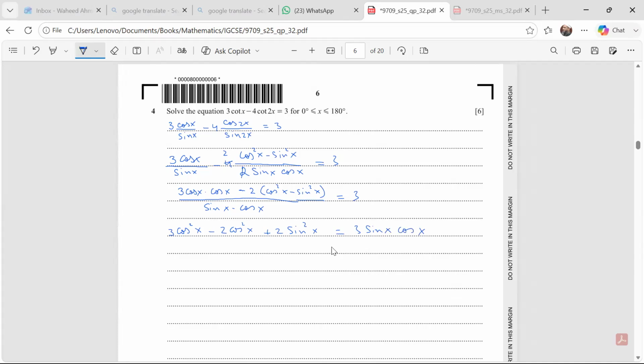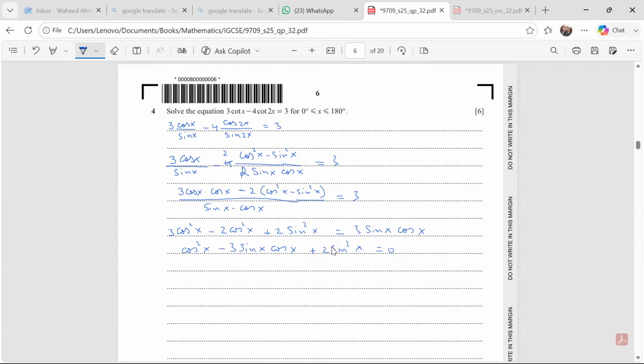Okay, so 3 cos square x minus 2 cos square x will become cos square x. I will bring this on the left side, minus 3 sine x into cos x and plus 2 sine square x equals 0. Okay, so far so good. Now I will try to factorize this expression.